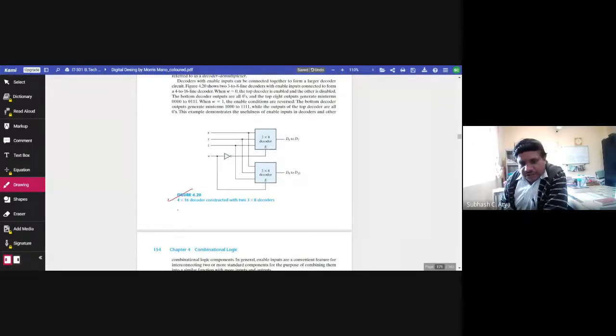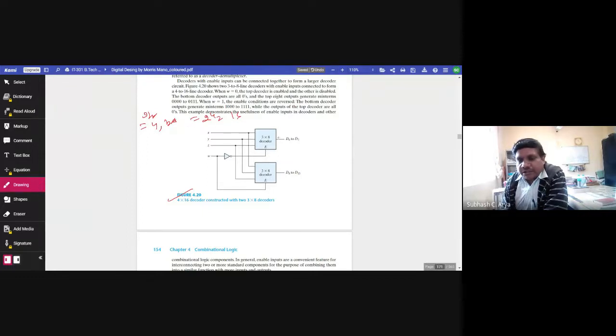Now this figure tells about how we can realize a 4 cross 16 decoder, which means 4 input bits, and the output will obviously be 2 to the power 4 is equal to 16. But the issue is that we don't have a 4 to 16 decoder circuit.